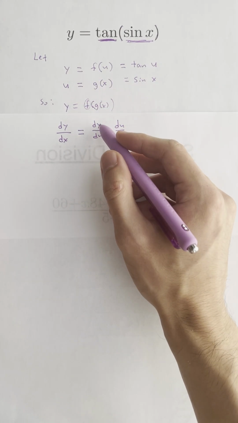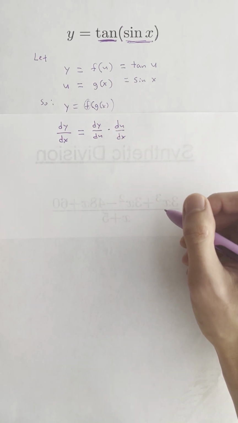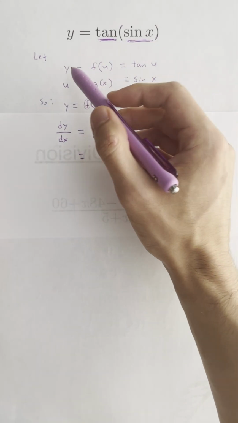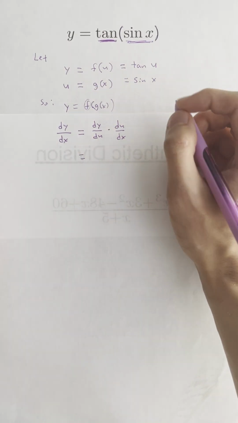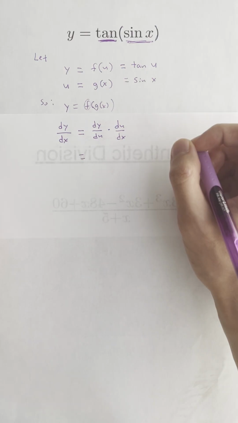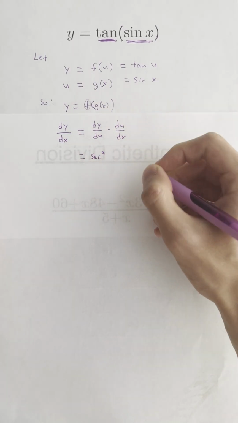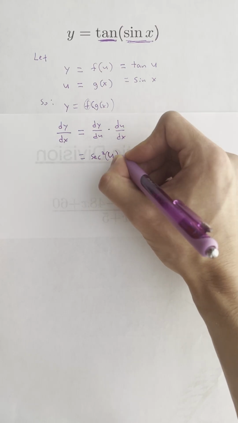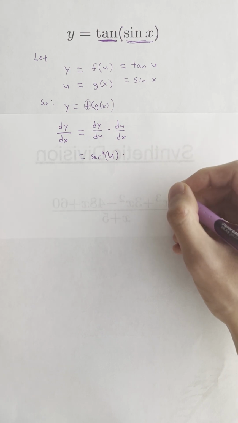Okay, and what was dy/du again? So y equals tangent u, dy/du would be secant squared of u, and then times du/dx.